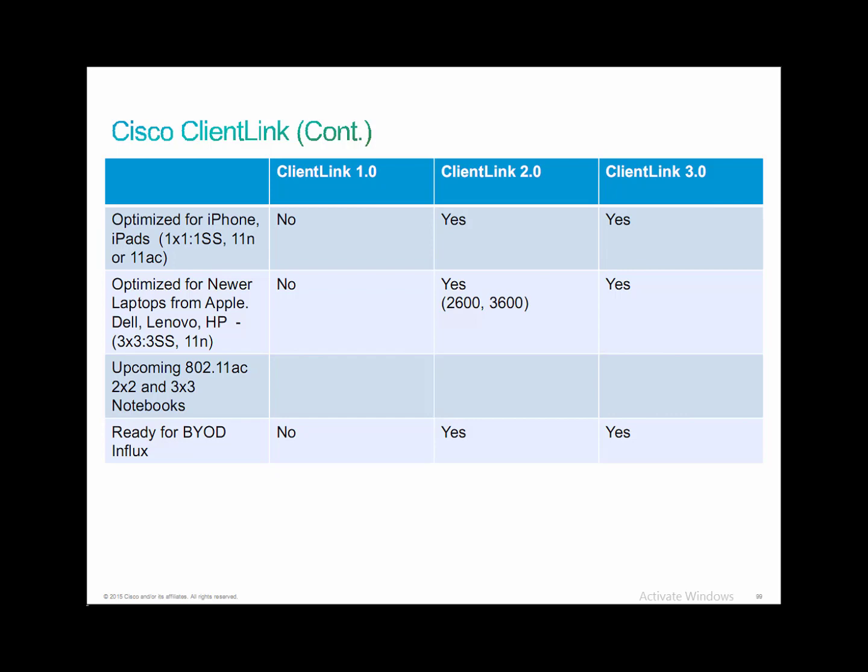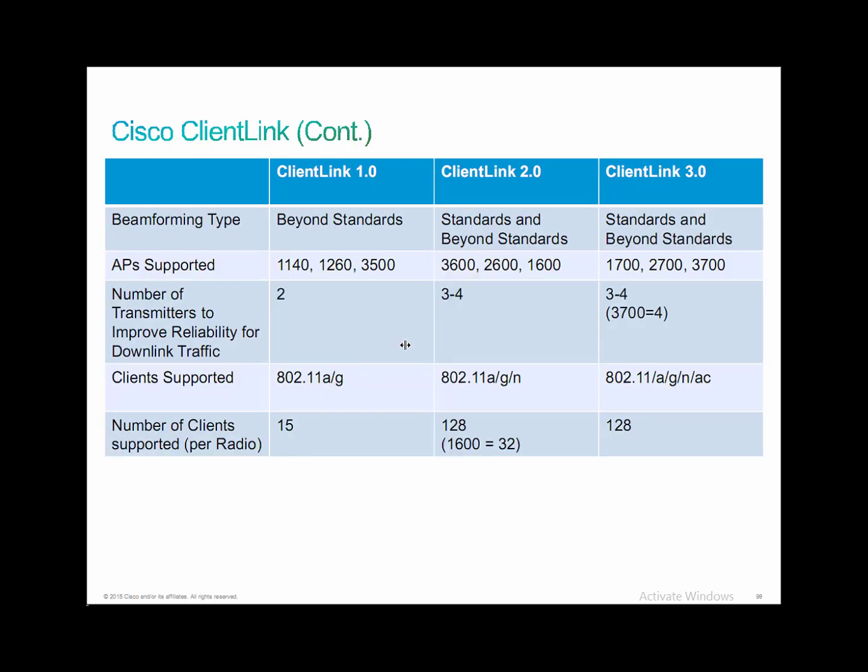As you can see, ClientLink 2.0 and ClientLink 3.0 are very, very similar to each other, right? Nobody really uses 1.0 anymore. The only difference with 2.0 is that it's not supported with AC, yeah, on the 3600, 2600, 1600 series access points.